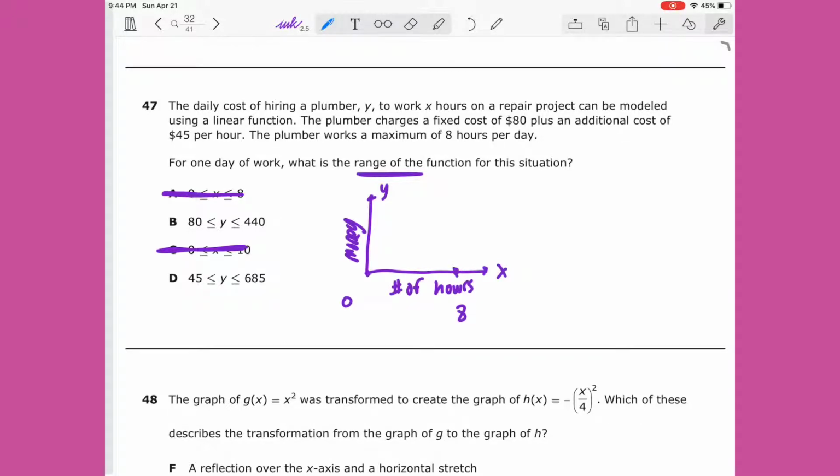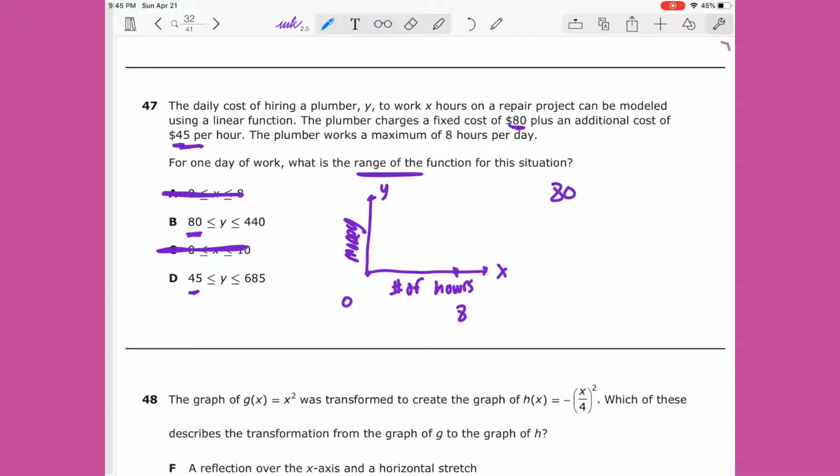Now, he charges $80 plus an additional cost of $45 per hour. So if he works for 0 hours, then he will have made $80 minimum. So if I look at my answer choices B and D, D would be if I don't have that initial fixed cost of $80.